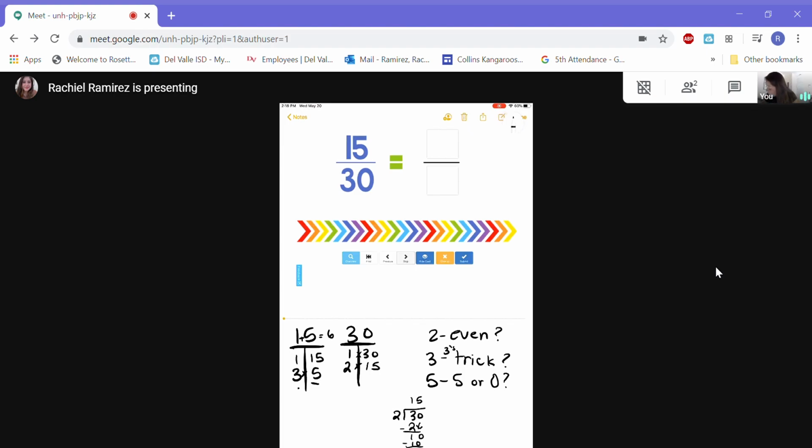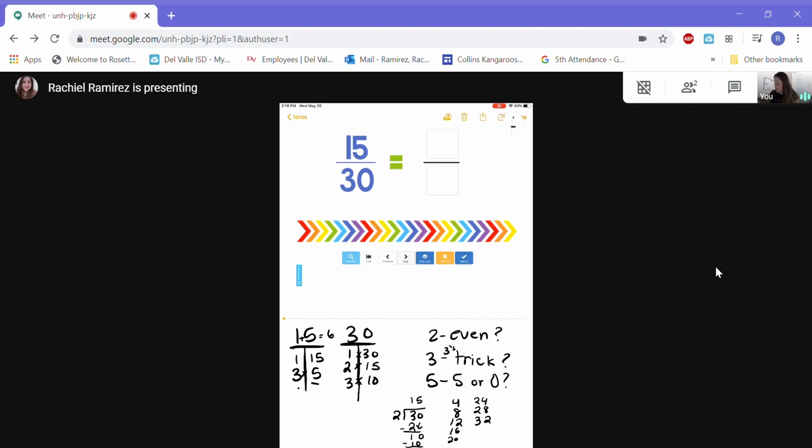Okay, well, what about 3? Well, we know our math facts, and we know that 3 times 10 equals 30. Well, what about 4? Is it a multiple of 4? So 4, 8, 12, 16, 20, 24, 28, 32. So it is not a multiple of 30.